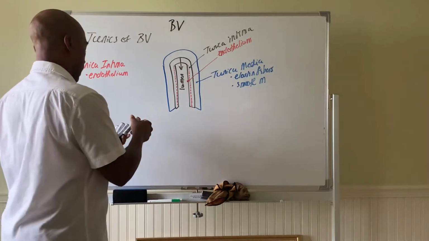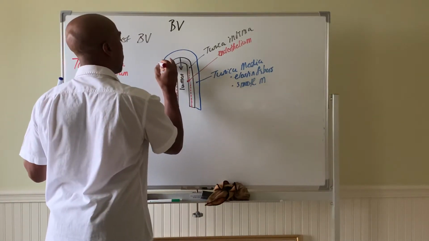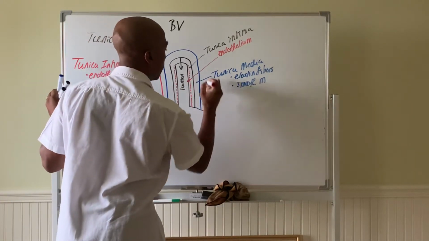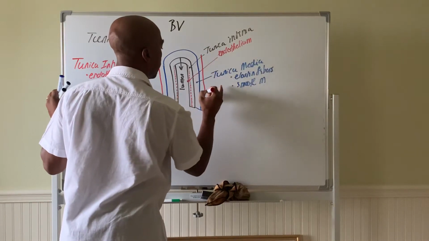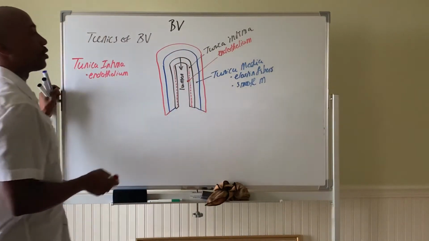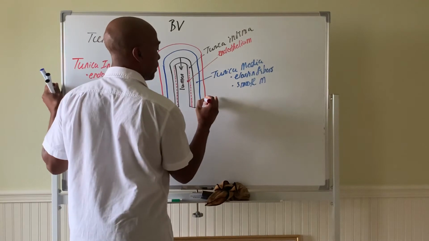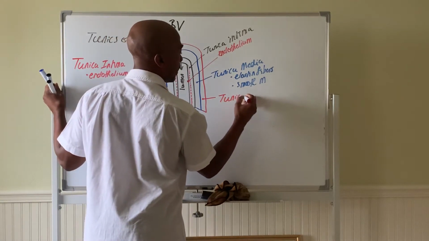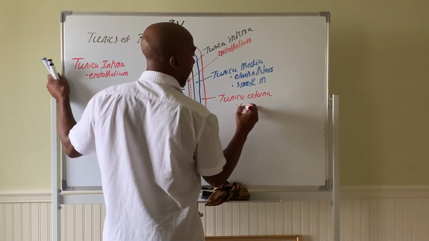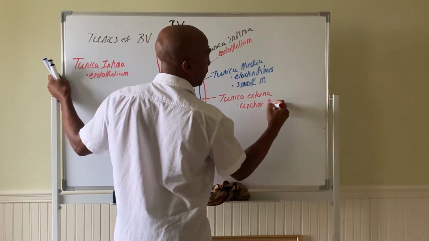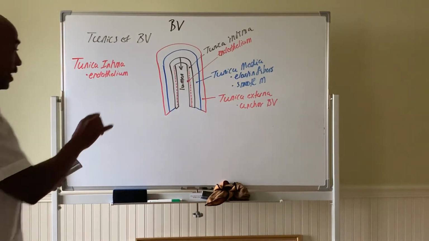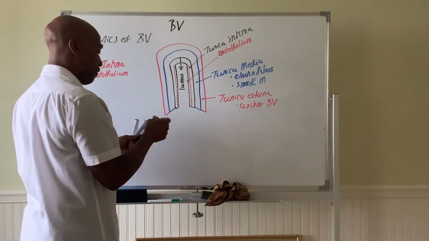And then the last layer out is your Tunica Externa. That one is used to anchor the blood vessel to its surroundings. And interestingly, depending on how big the vessel is, this outer layer also contains smaller blood vessels in it.